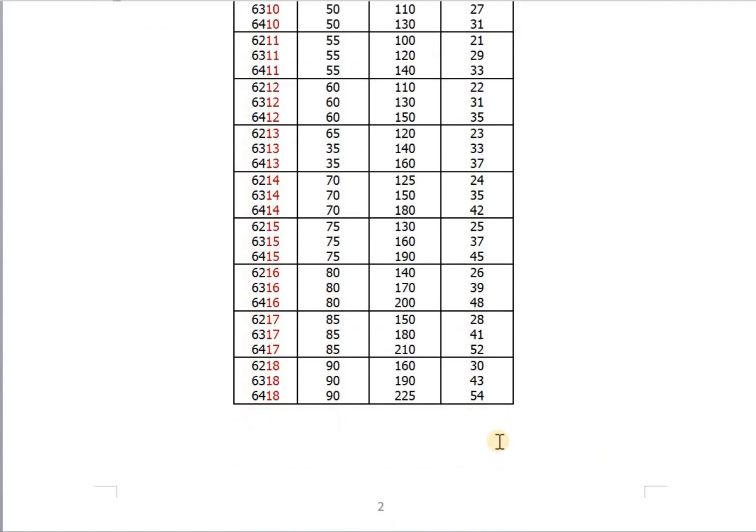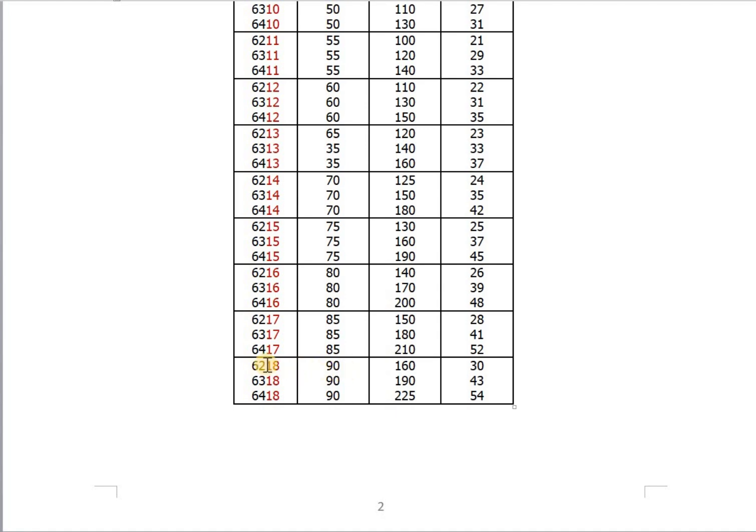For example, we can have the last one. The first digit means the type of the bearing, the second digit means the series of load, and the third and fourth mean the internal diameter, which is multiplied by 5.